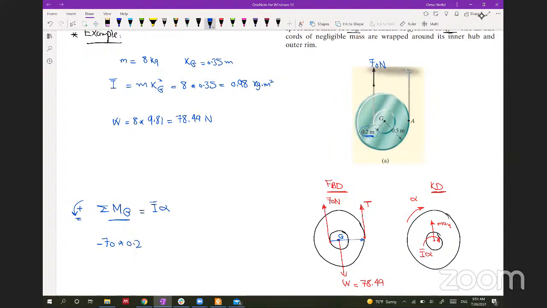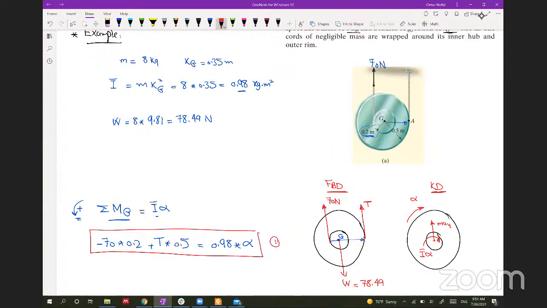And the tension will have a positive moment from the right-hand rule, so this will be T multiplied by 0.5 meter. And this will be equal to I bar, which we got here, 0.98, multiplied by alpha, which we don't know. So this equation has two unknowns, T and alpha. Let's keep it here as equation 1.